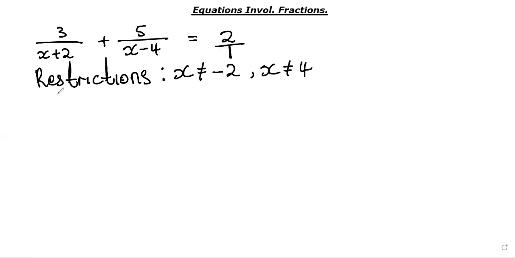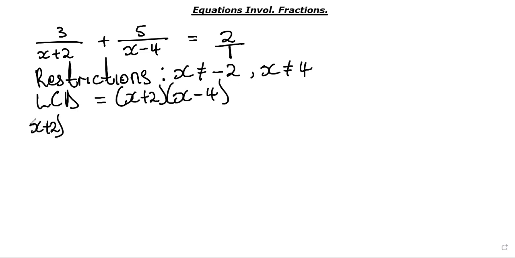So our LCD will just be (x + 2)(x - 4). Now that we have it, we multiply every term by the LCD. So you take the LCD and divide it by 1, not by itself, by 1.